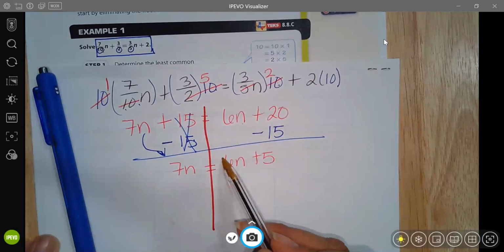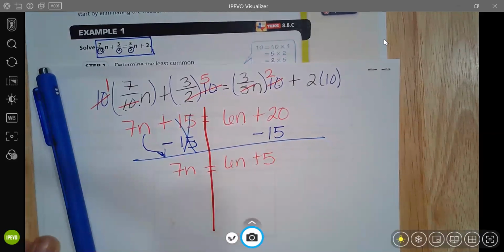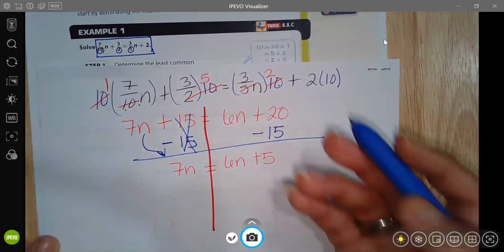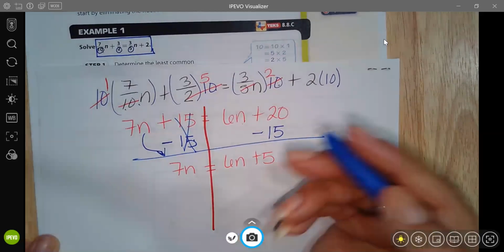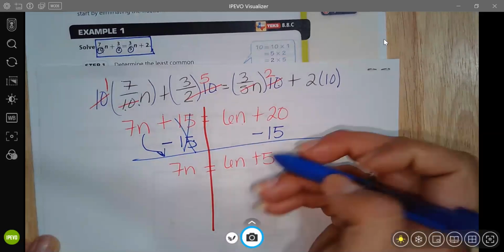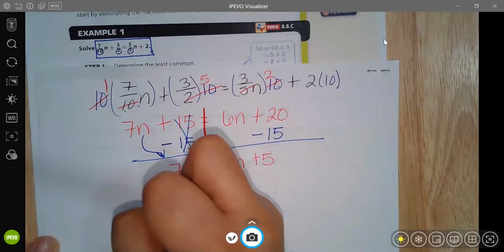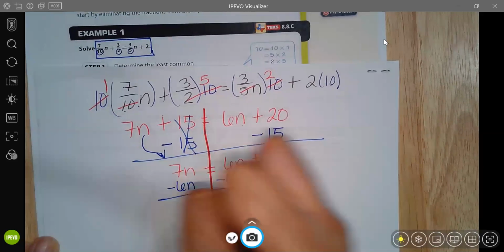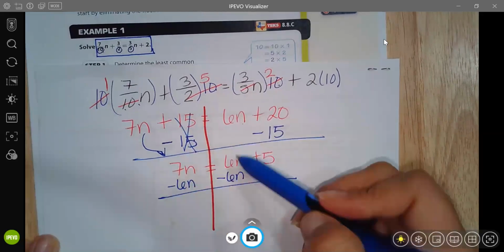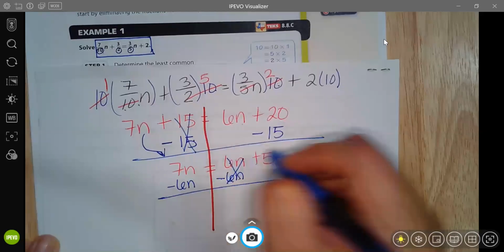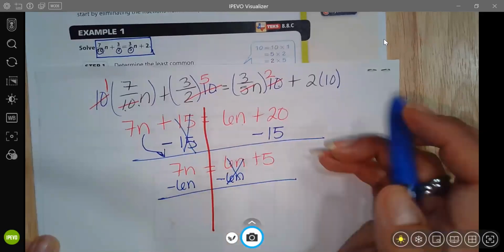Since this is a positive 6, right, there's no negative, I know that I have to subtract, because the opposite of a positive is a negative, or the opposite of adding is subtracting. So that means I have to subtract 6n on both sides. Why? Because 6 minus 6 gives us a 0 term, and that's what I want when I am solving.